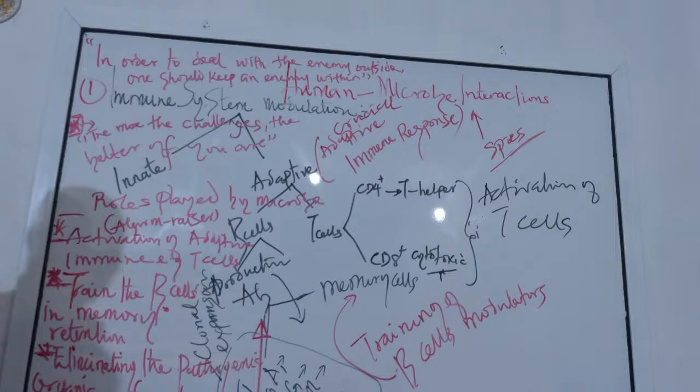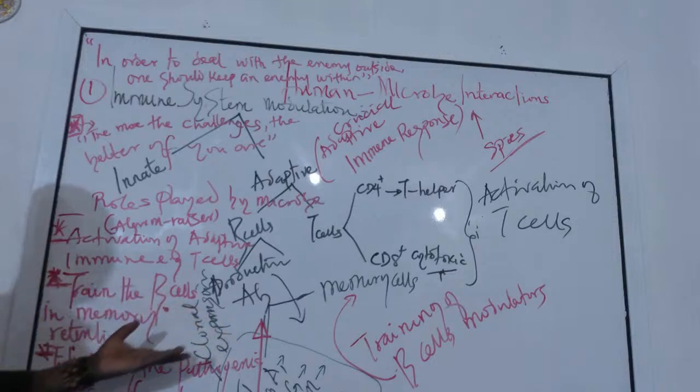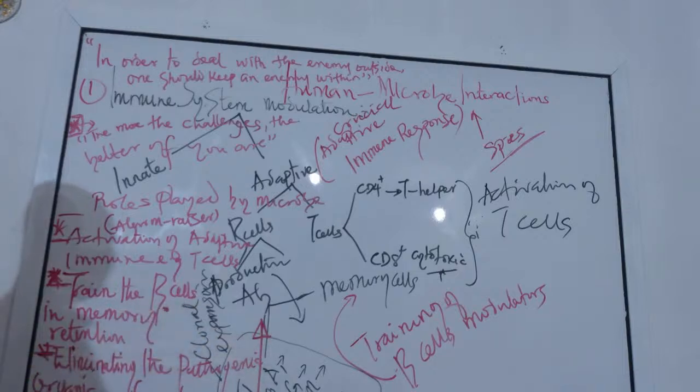So we have looked at their roles as alarm raisers and trainers in memory retention. They are also collaborators. They collaborate with the immune system of the host in order to fight off the enemy by eliminating them. Apart from that, they also perform their role as immune modulators.